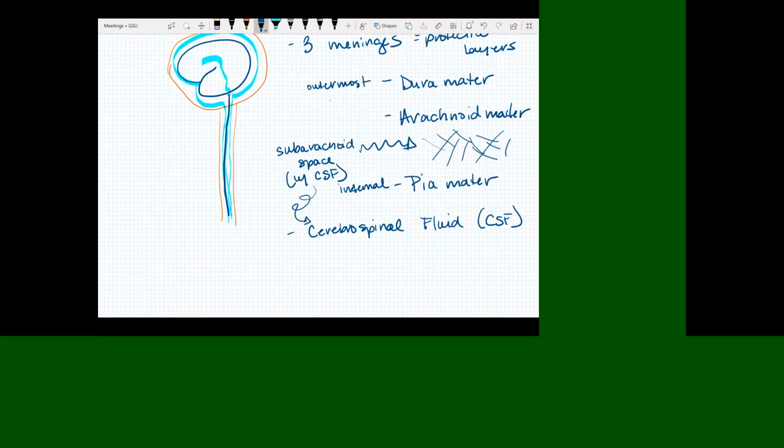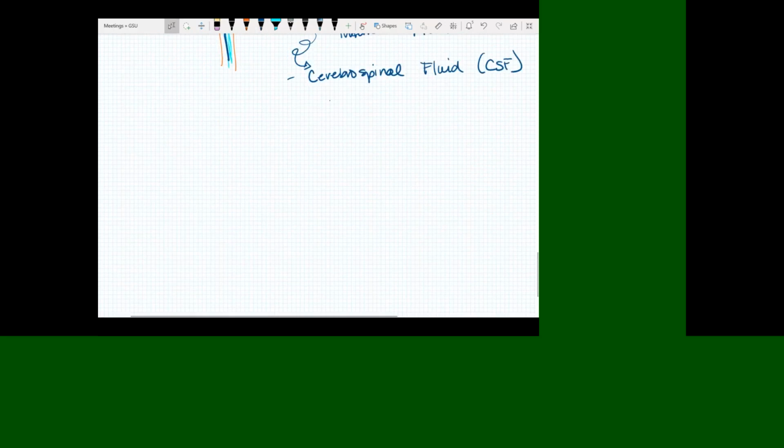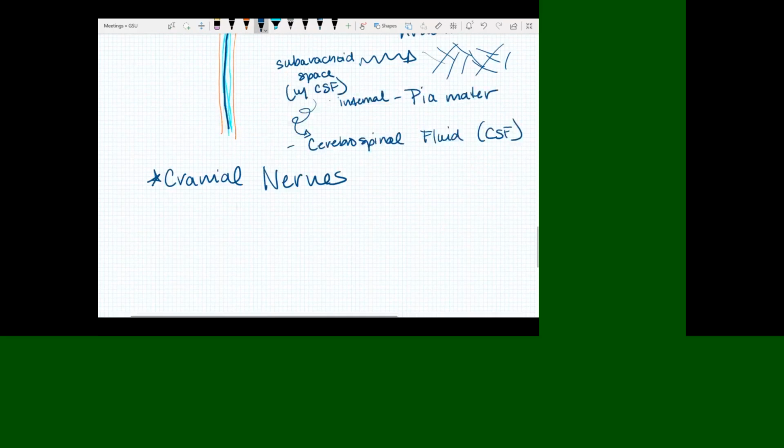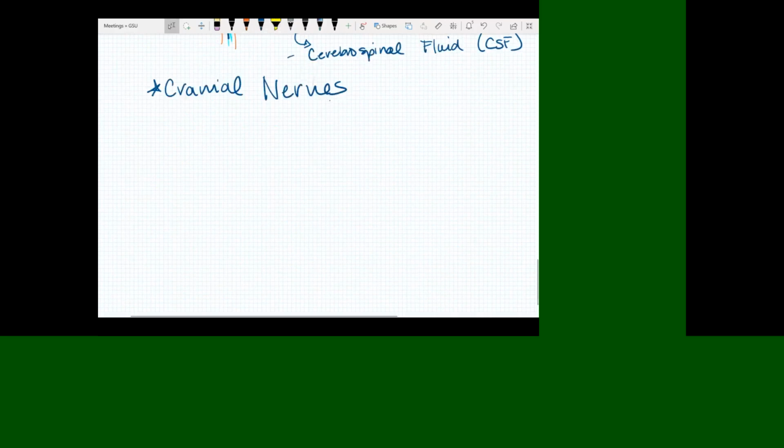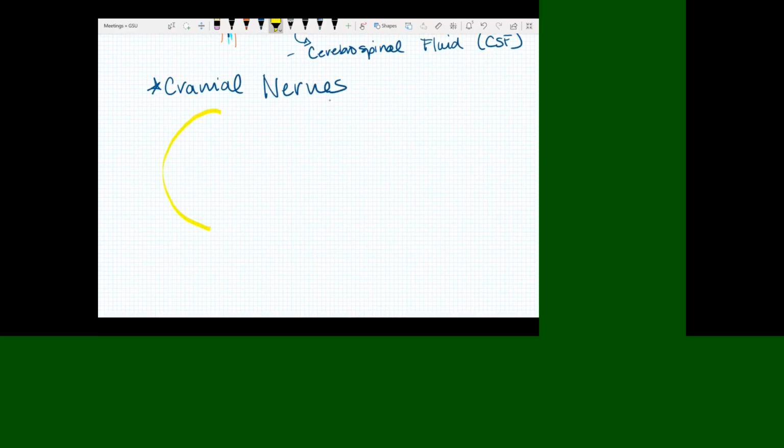Okay, so the biggest takeaway from this exercise is actually to look at our cranial nerves. So if we were to take this image of our brain right here, and we look at it from a different perspective than any of the others, you're going to see this is the brain, but it is going to be the bottom of the brain.